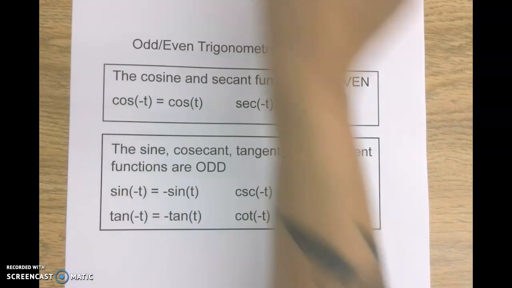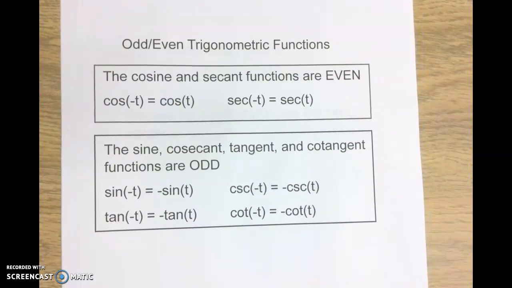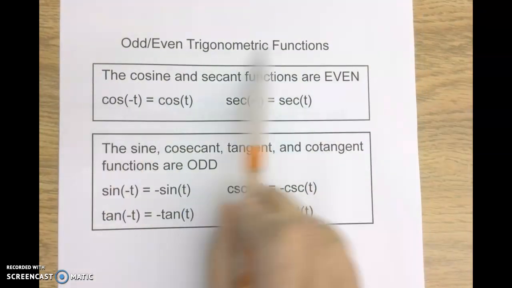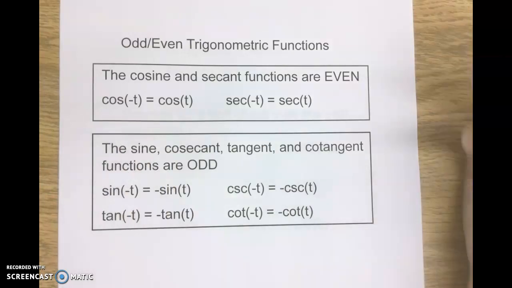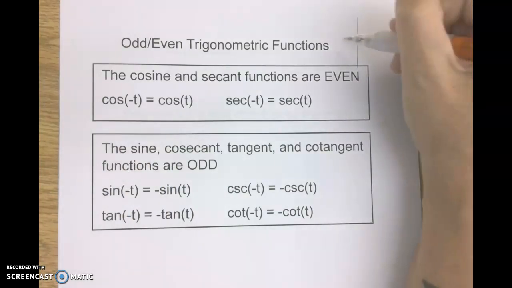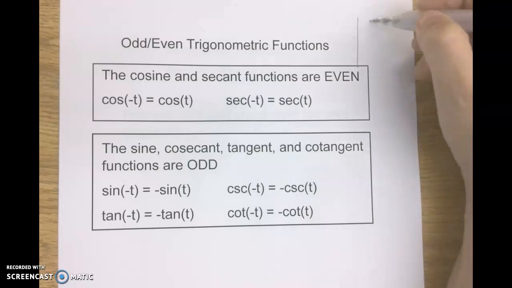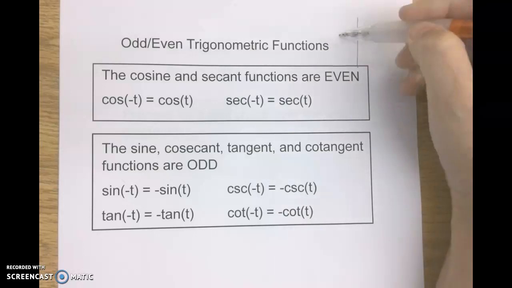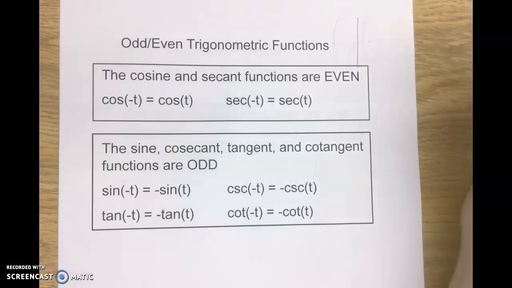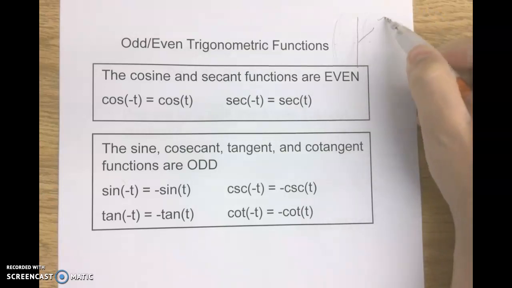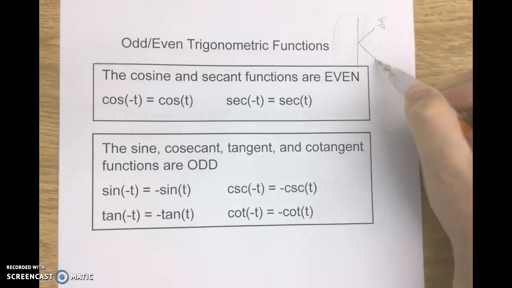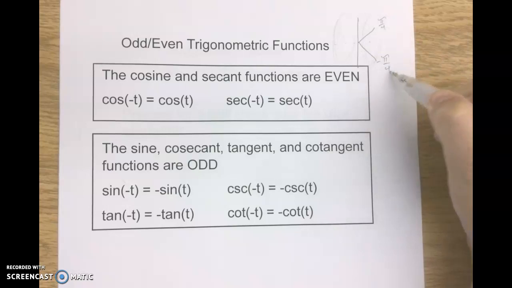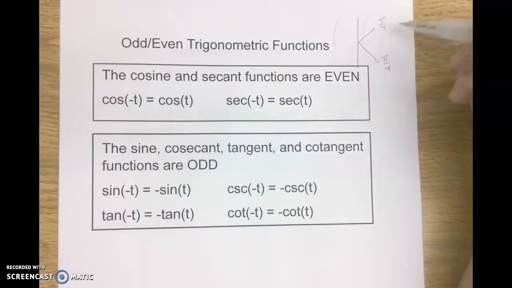Okay, then that brings us to odd and even functions. There's a little section in your book, but basically, since cosine is my x values right here, all these x values will be the same, and all these x values will be the same. So whether it's a positive pi/4 or a negative pi/4, those values for cosine will always be the same.